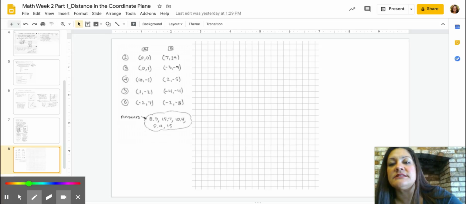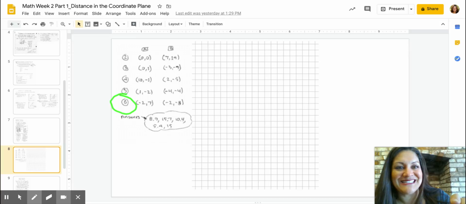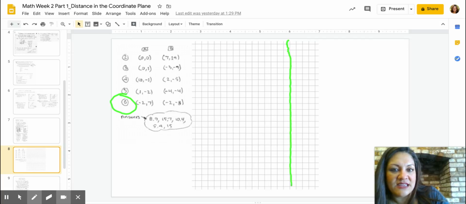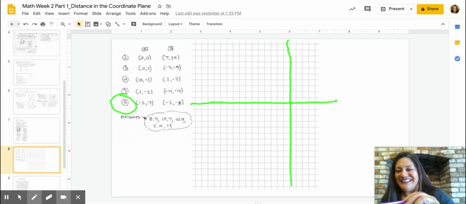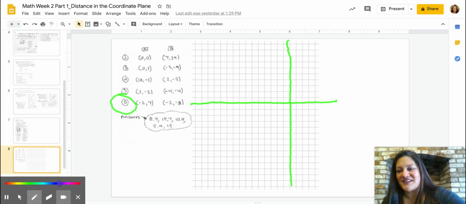Okay, number 6. All right, let's see if I can get this line. Okay, and it's good. I was holding my breath. All right, switch colors. So we need to go -2, 7.